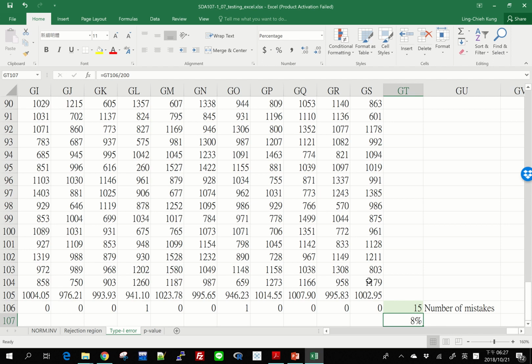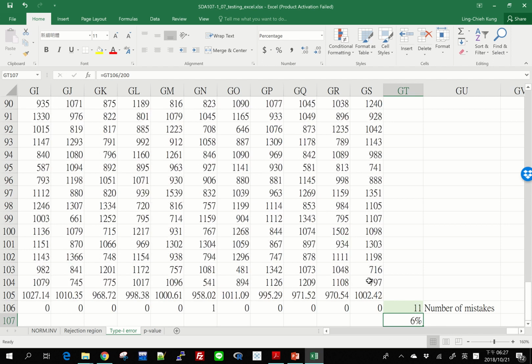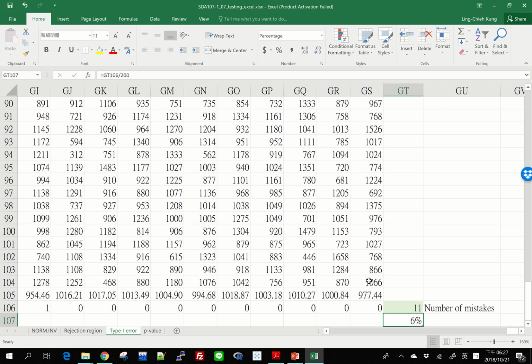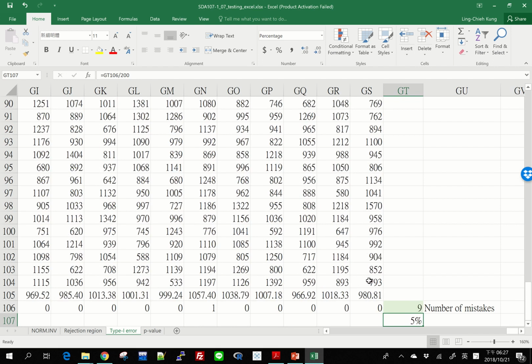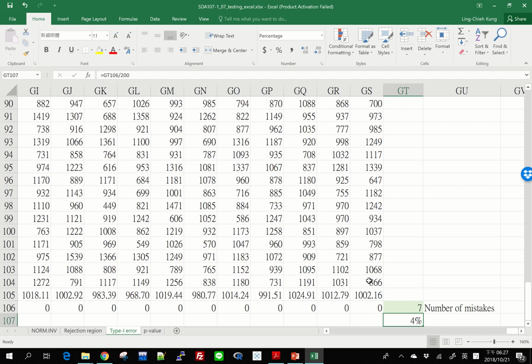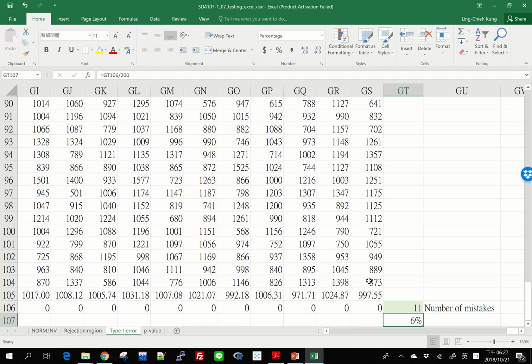Okay? So if we repeatedly do this, we can see that the probability is typically around 5%. So sometimes it's 4, sometimes it's 2, sometimes it's 7. Of course, you may see some number that is above 5% because we are just having 200 experiments.